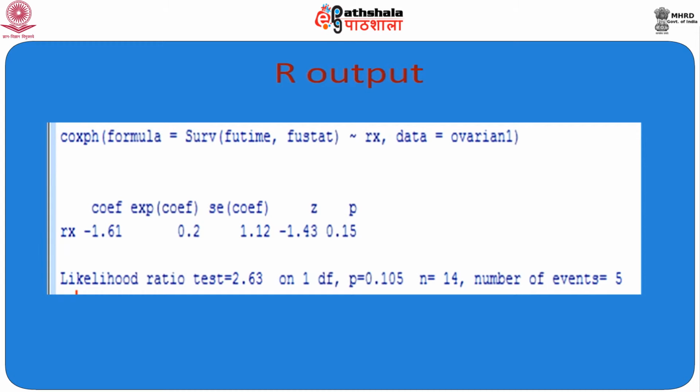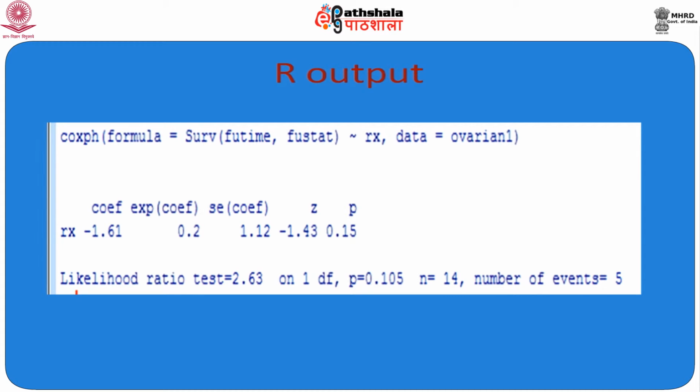This output will show that in comparison to Rx1, which is considered as the reference group, Rx2 has a coefficient of minus 1.61, that is, Rx2 has lesser hazard in comparison to Rx1.